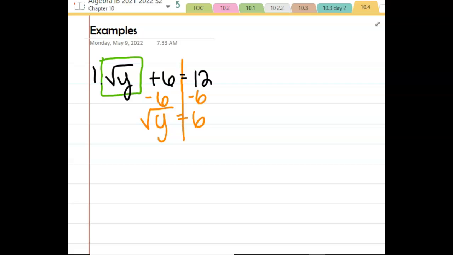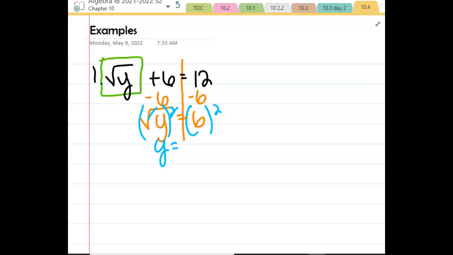Now that it's the square root of y, remember I can't take anything out from under the radical. It wouldn't even really help me here because it's just a y. So to solve for y, the only thing I need to get rid of is that square root. And we know what undoes a square root: squaring it. And we also know that if I'm going to square one side, I have to square the other. Just like in the first example, the square and the square root cancel each other out.